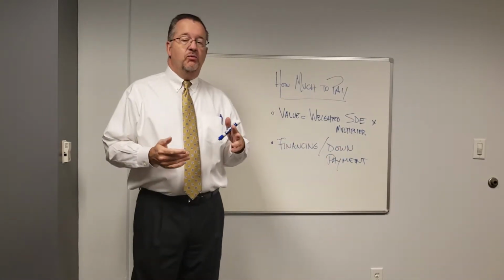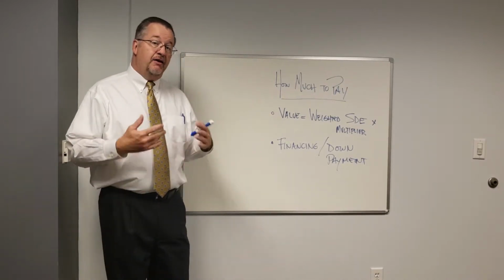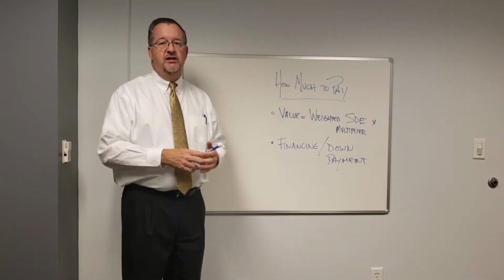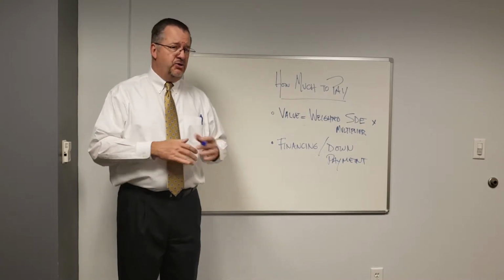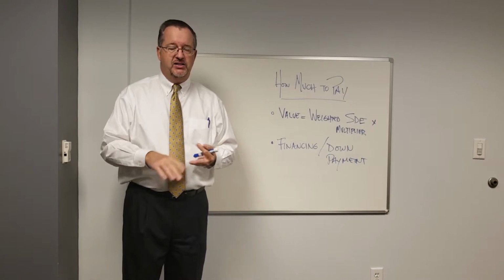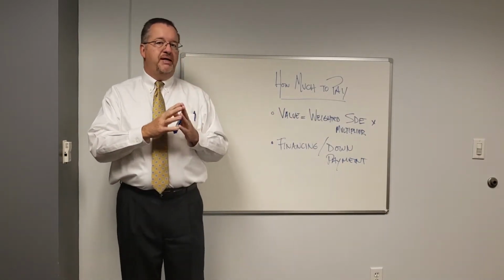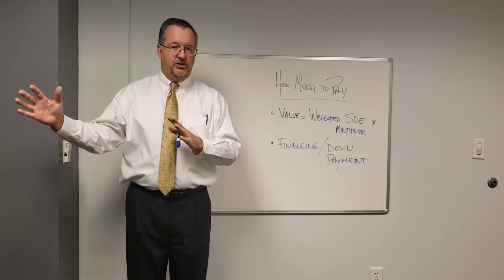Multipliers are used in what's called a direct market data method valuation for a business. And they're based on transactions that have occurred in the past. Now, transactions vary because business sizes vary, business gross revenues vary, et cetera, right? But the multiplier itself should be based on those past transactions.